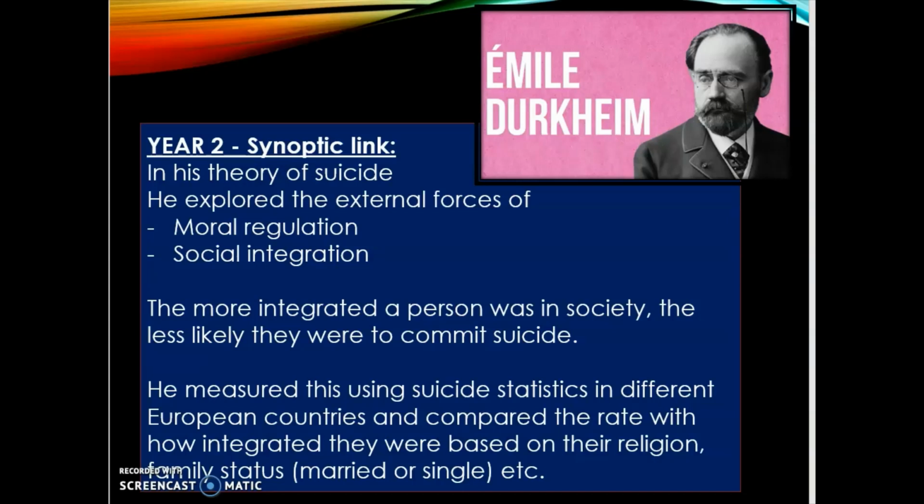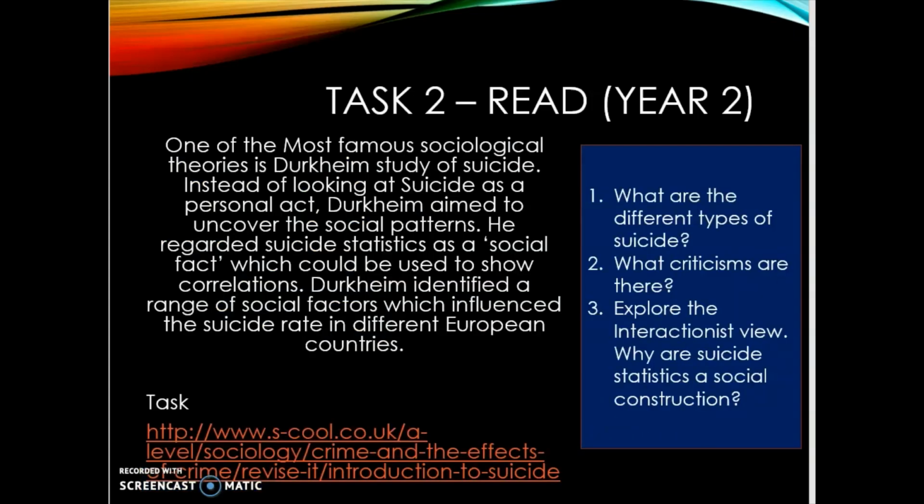Basically what he wanted to find out was that the more integrated a person was in a society, the more they felt like they belonged, the less likely they were to commit suicide. And he measured this by using suicide statistics in different European countries, and compared it to how well integrated a person was based on their religion, their family status, etc.